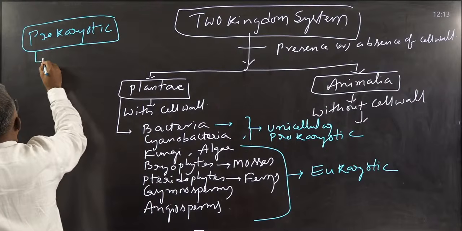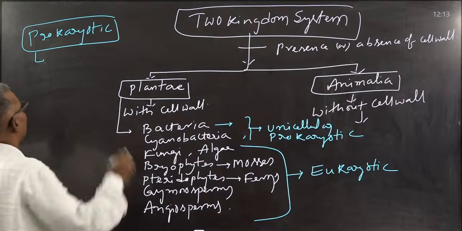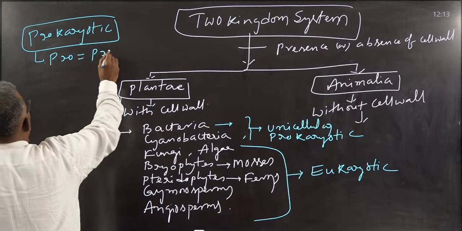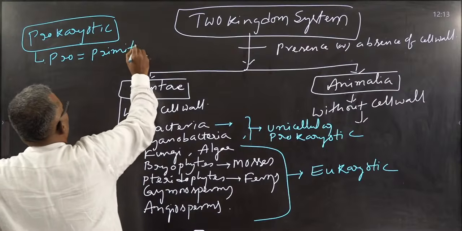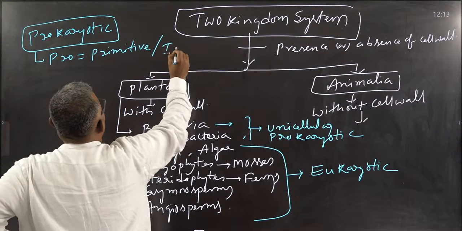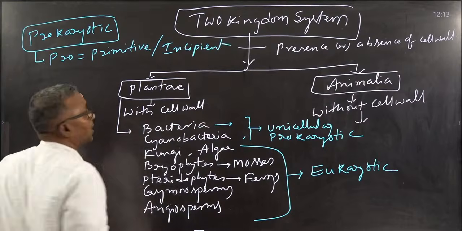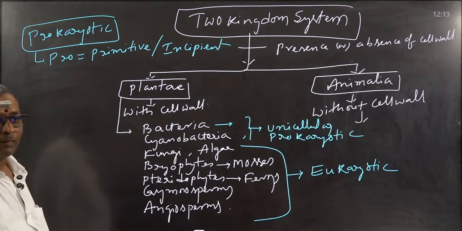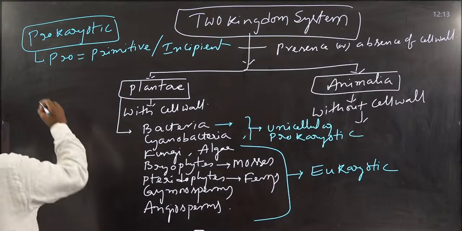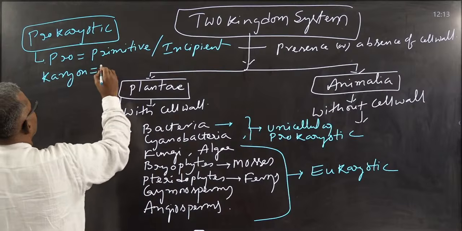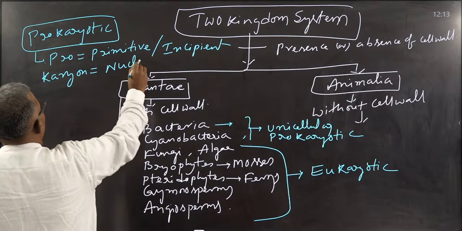I'm just giving you the definition. Listen to me carefully. Here, pro means primitive or incipient. Karyon means nucleus.